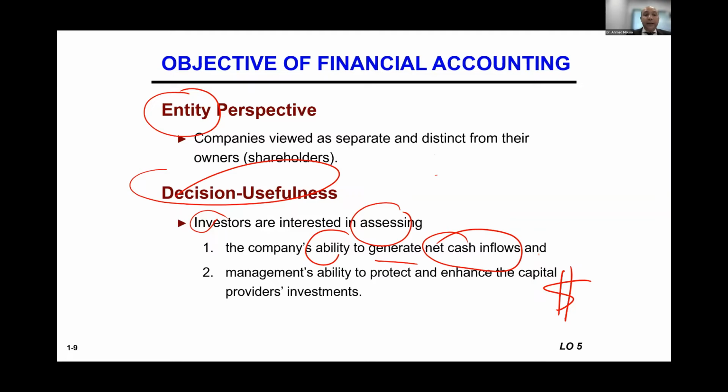And also it will help the investors to assess management's ability to protect and enhance capital providers' investment. It will help the management to protect the investments of the investors by taking the right decision.